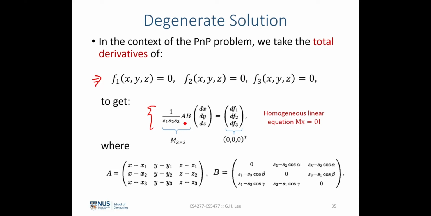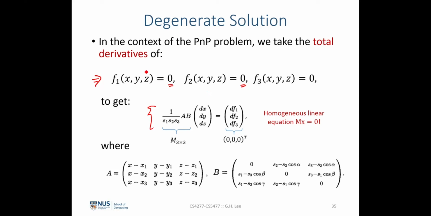We can call this our M matrix here, which is 3 by 3, and this is the dx, dy, dz that we have seen earlier on. The polynomial equation f1 is always going to be equal to 0, and f2 is also going to be 0.